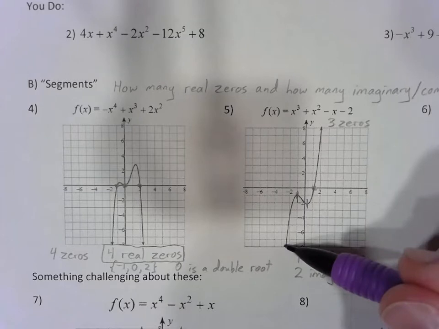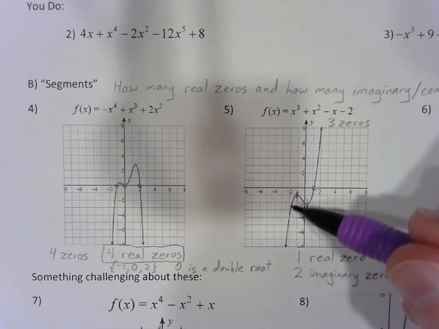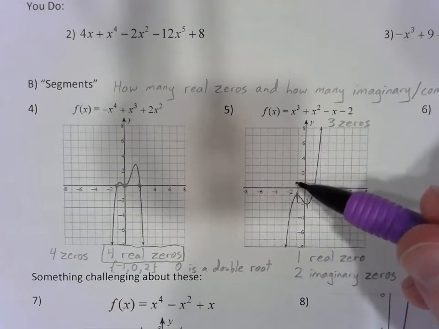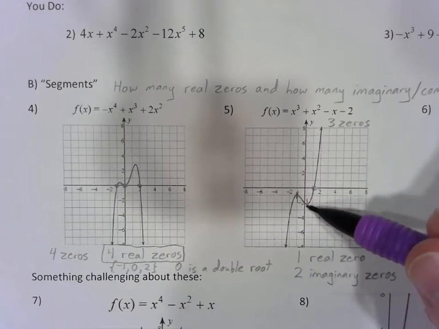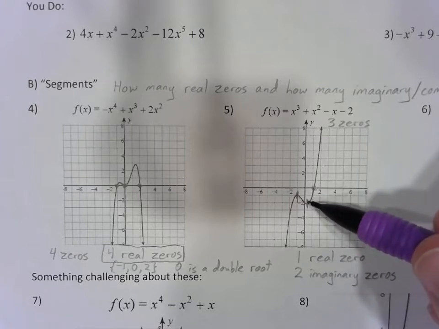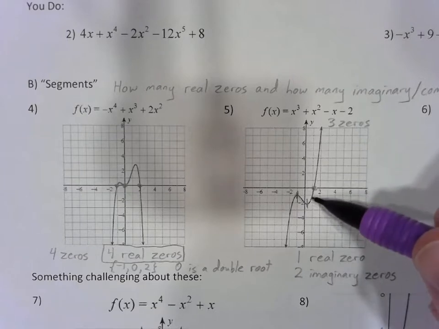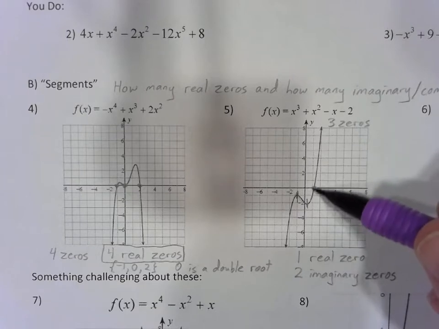So this first part goes up, that segment of the graph has an imaginary zero because it does not cross the x-axis. This segment has another imaginary zero because it does not cross the x-axis. And this last segment has one real zero because it does cross the x-axis.